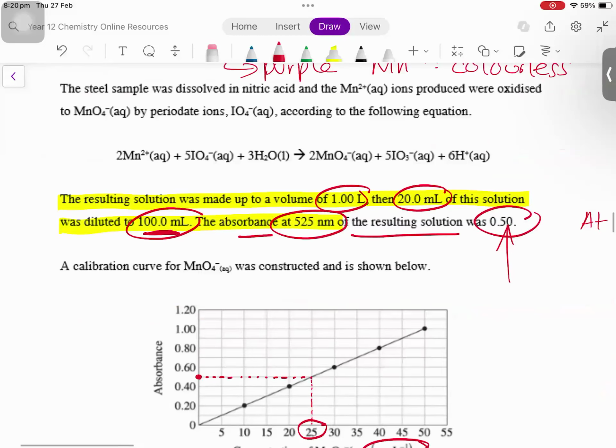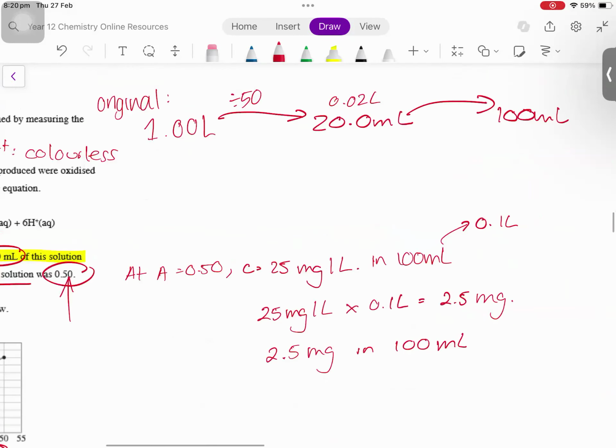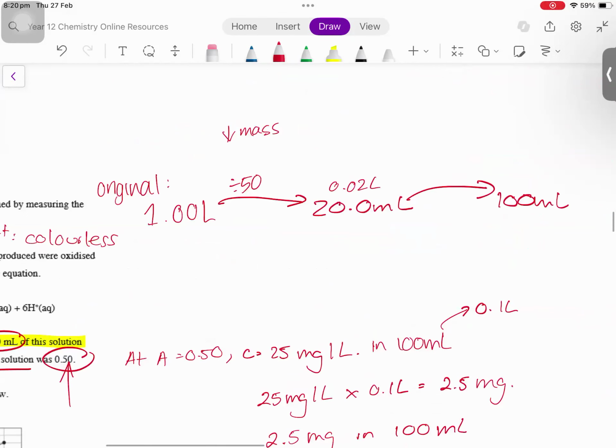And from 20, what did they do to go to 100? They diluted it. Diluting means you add what? You're adding water.